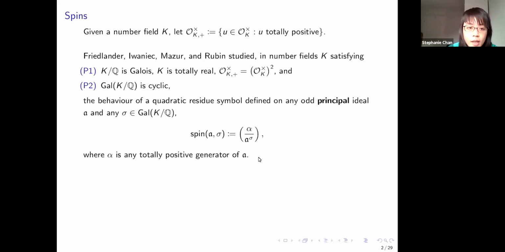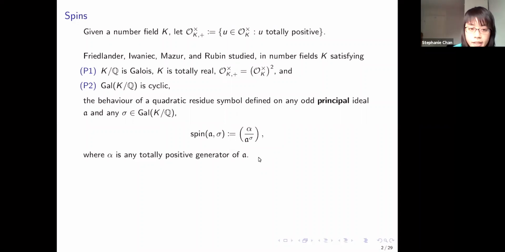Spins were first properly studied by Vivano and Wannes, Major, and Rubin. Given a number field K, I denote the totally positive units by OK plus. They studied number fields that satisfy these two conditions.